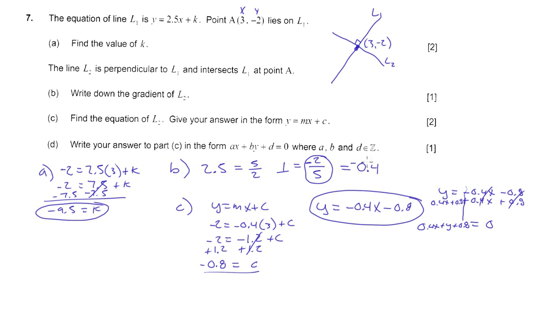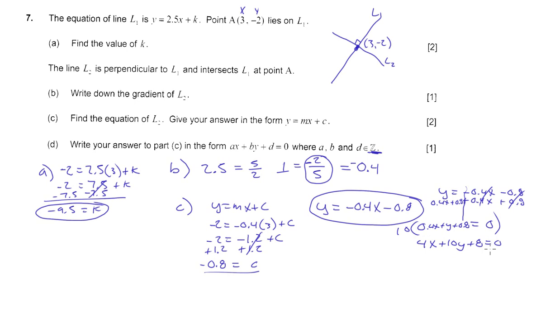Okay, now these all have to be integers, so we have to get rid of those decimals. So let's see, if we multiply everything by 10, it'll definitely get rid of all those decimals, right? So let's try that. 10 times 0.4 is 4x, 10 times y is 10y, and 10 times 0.8 is 8, equals 0.